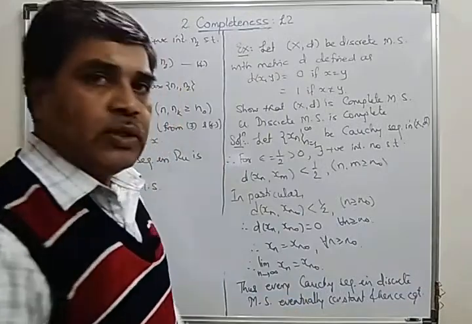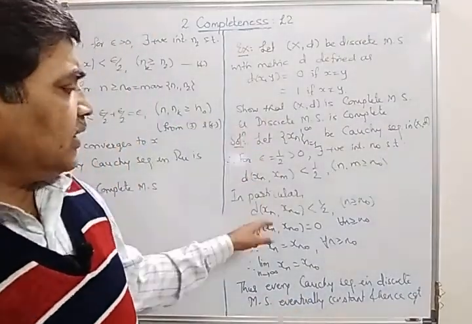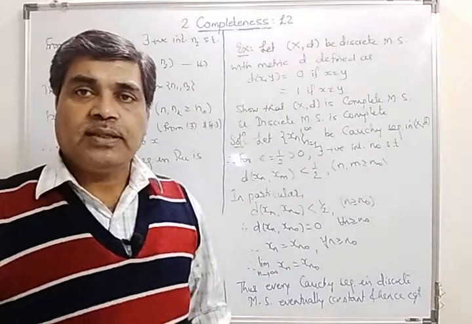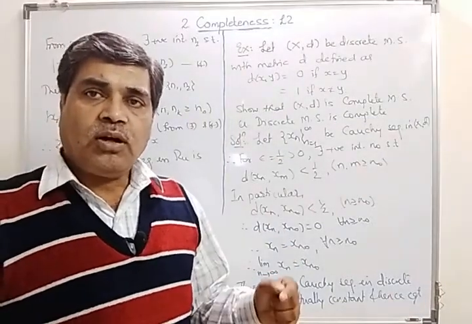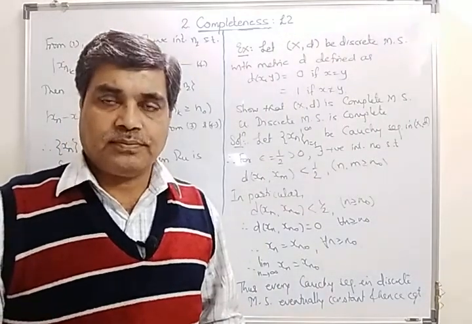What is meant by an eventually constant sequence? A sequence (x_n) is said to be eventually constant if all terms of that sequence except a few terms are constant.